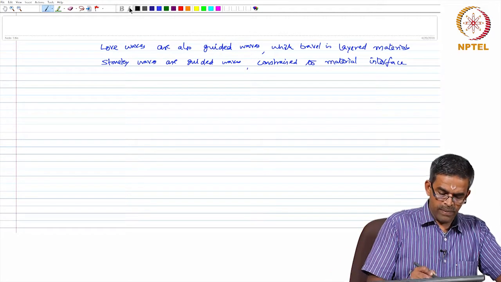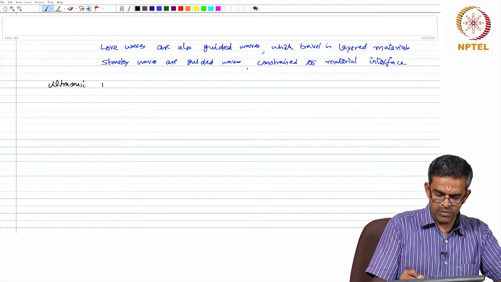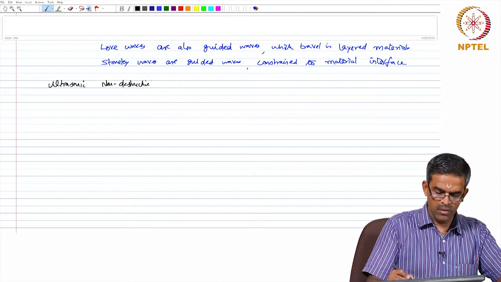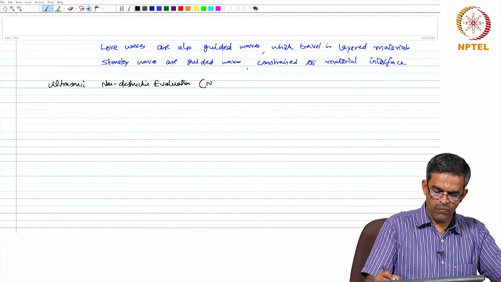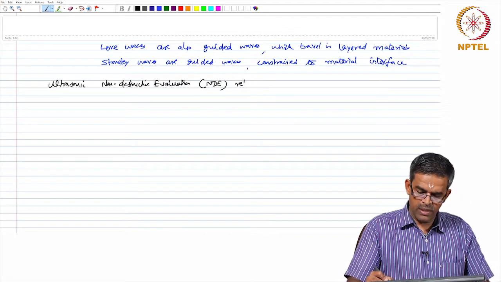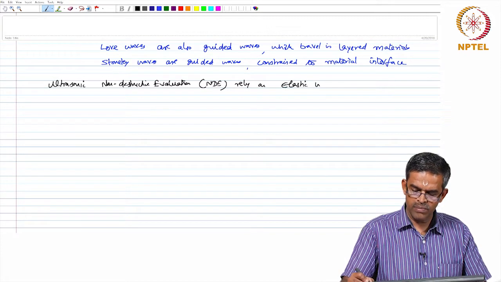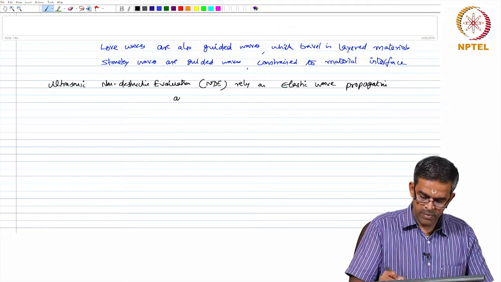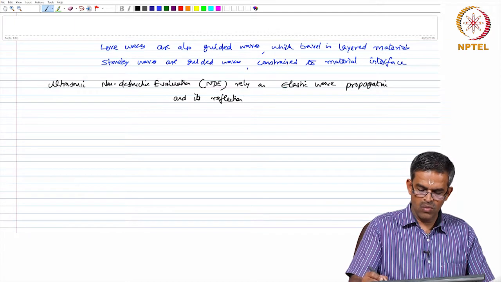Now, interestingly, the ultrasonic non-destructive evaluation, which I refer to as NDE, essentially relies on the elastic wave propagation and its reflection within the material.